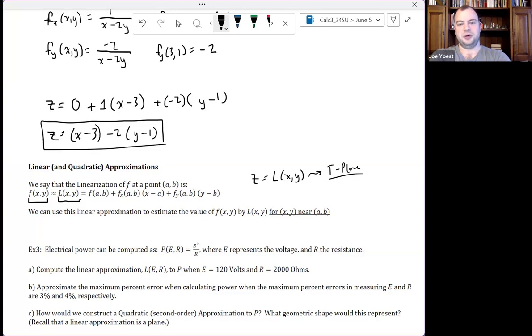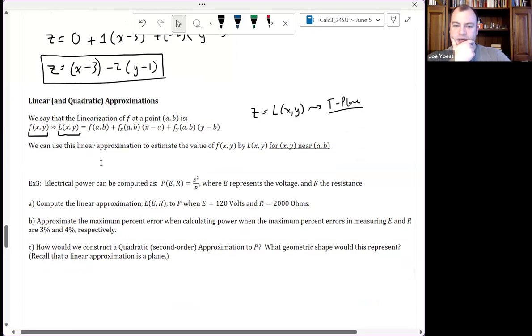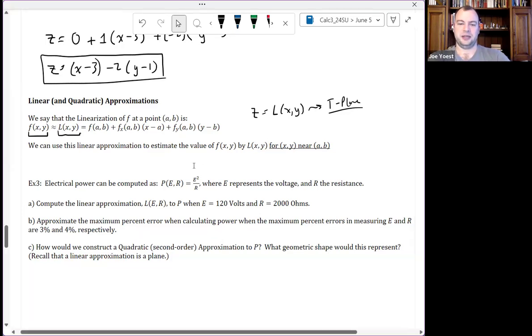But if I stay close to the point of tangency, my approximation should be reasonably good. The idea is that I can approximate the value of f(x,y) by L(x,y) for inputs (x,y) near (a,b). Obviously, the two are equal at (a,b), but if I stay near (a,b), I can get an approximation.